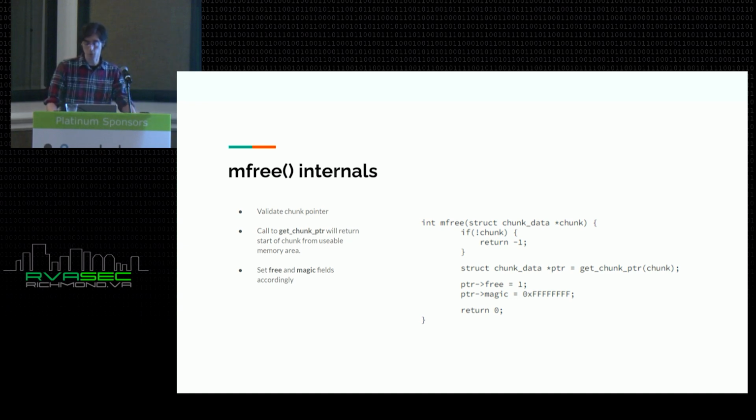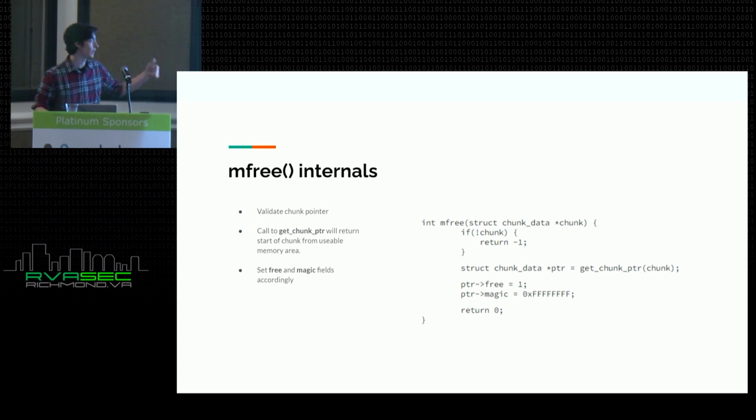So what get chunk pointer does is, since malloc returns an area that points to the usable space of our chunk, get chunk pointer actually subtracts the header size from that. So rather than pointing to that usable memory area, it's going to point to the start of the chunk. So that'll allow us to then set the actual fields properly as we do below here, and we set free to 1.